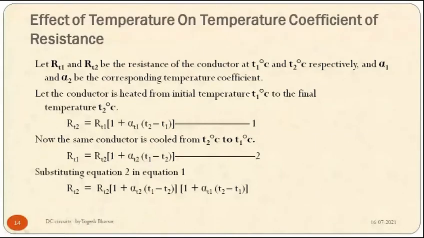So at temperature T1 we have resistance RT1, at temperature T2 we have resistance RT2, and alpha 1 and alpha 2 are the corresponding RTC. So at T1 we have alpha 1, at T2 we have alpha 2. Let the conductor be heated from the initial temperature T1 degree Celsius to final temperature T2 degree Celsius.